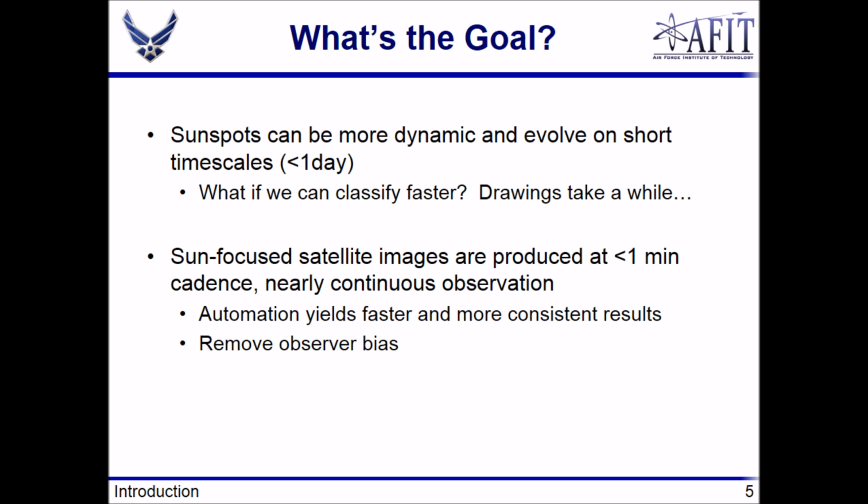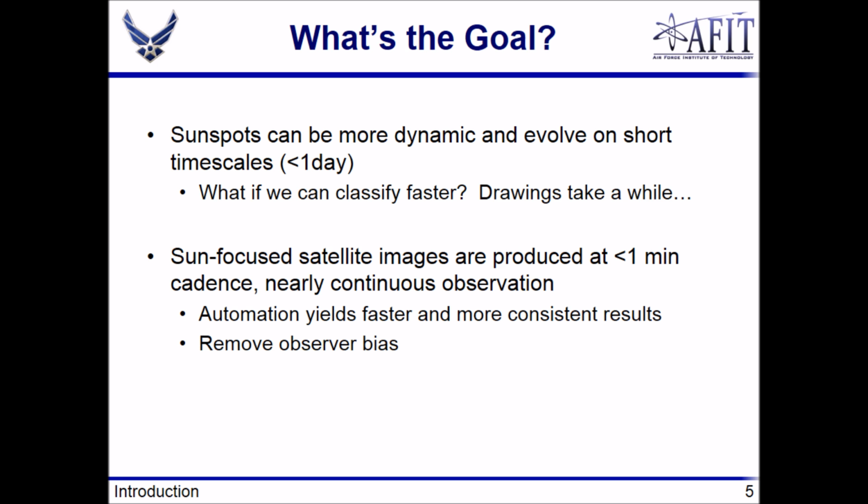Slide 5. What's the goal of the research? Well, so sunspots can actually be more dynamic than the single day sample that we get from the SWPC reports. And so the question we want to ask then is, what if we can do this process faster? Because the drawings can tend to take some time. What if we had a sun-focused satellite that could produce images at a very fast cadence and a high resolution?